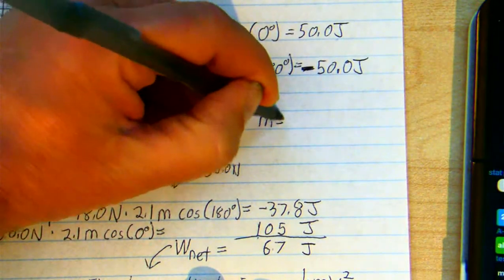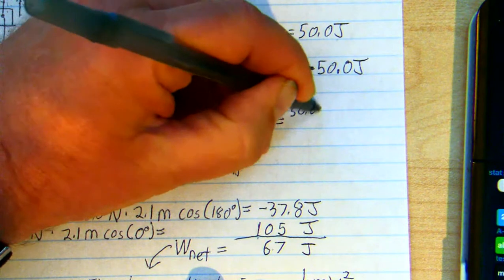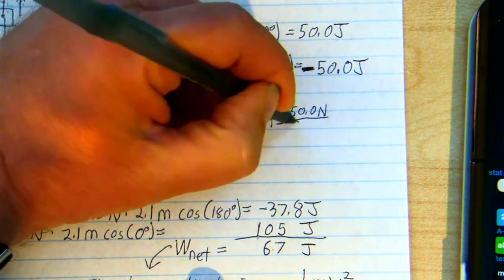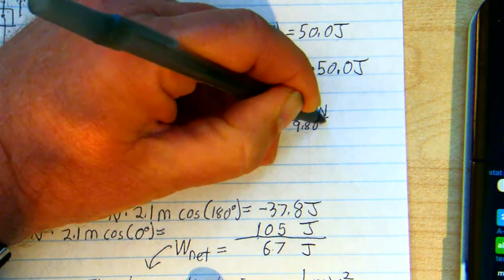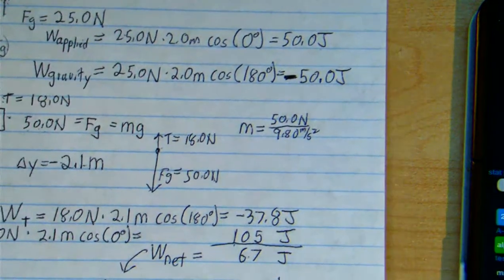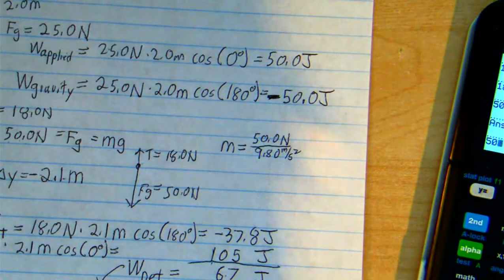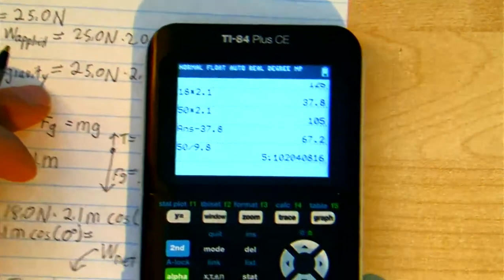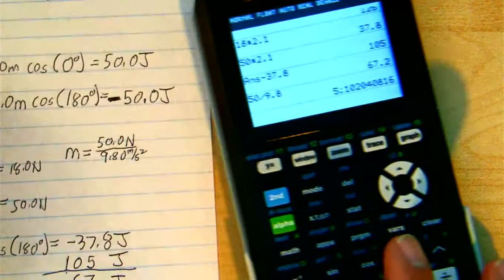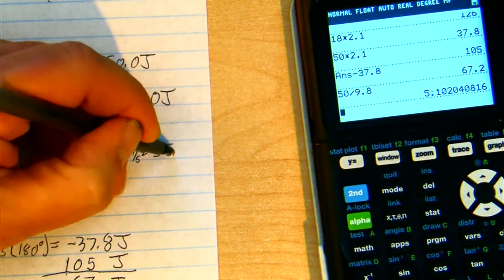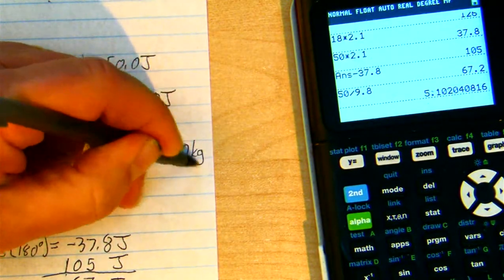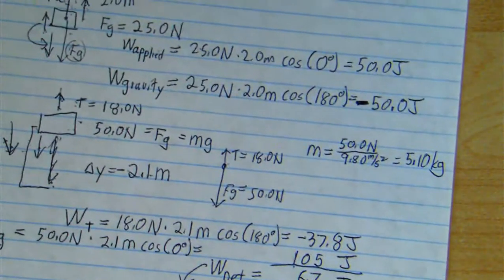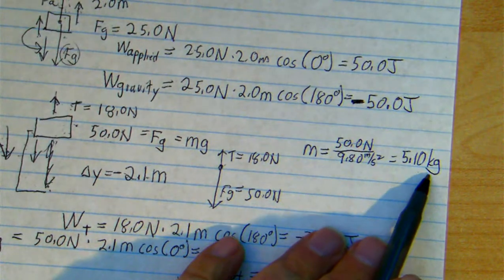So if I rearrange that equation and take the weight divided by 9.8, then I'll have the mass of this object. 50 divided by 9.8, enter, beep, beep, beep, and it says 5.10. Those must be kilograms. I've just calculated that the mass of this object is 5.10 kilograms.